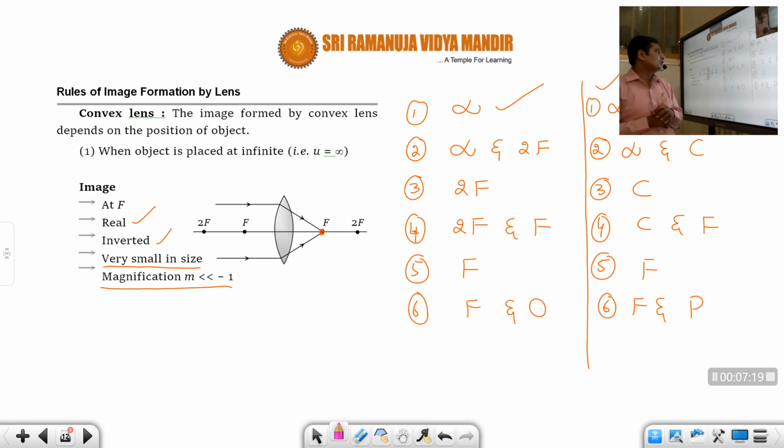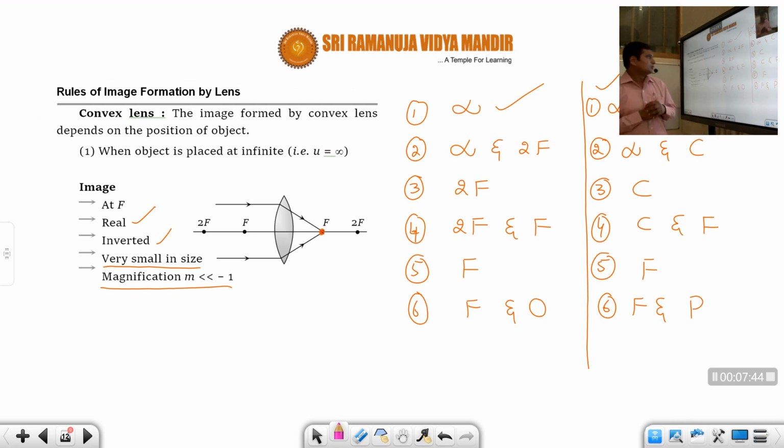Fourth, when the object is placed between 2f and f. Fifth, when the object is placed at f. And sixth, when the object is placed between focus and optic center. Optic center means the center of the lens. Just like we have the pole for a mirror, which is the center of the mirror, similarly for a lens the center point is called the optic center.